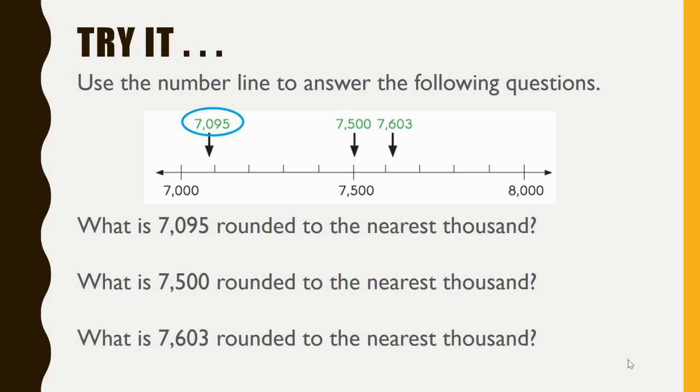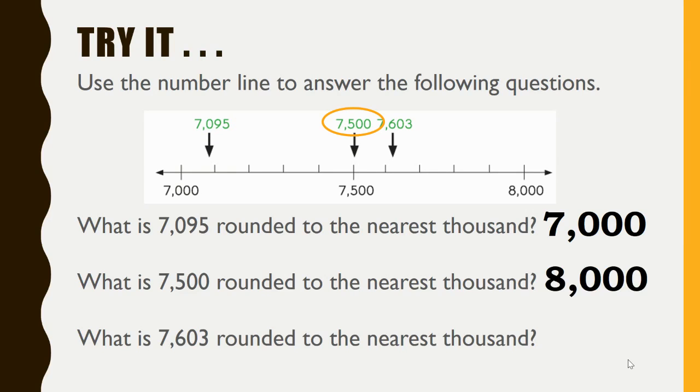For what is 7,095 rounded to the nearest thousand, you should have gotten 7,000. When asked, what is 7,500 rounded to the nearest thousand, you should have chosen 8,000. Remember, when a number is exactly halfway between 2 other numbers, you always round up.